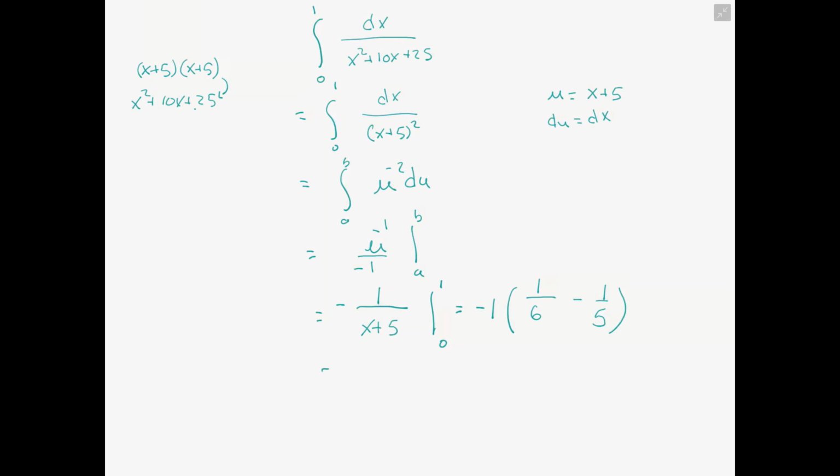and 0. And this then is minus 1 times 1/6 minus 1/5.